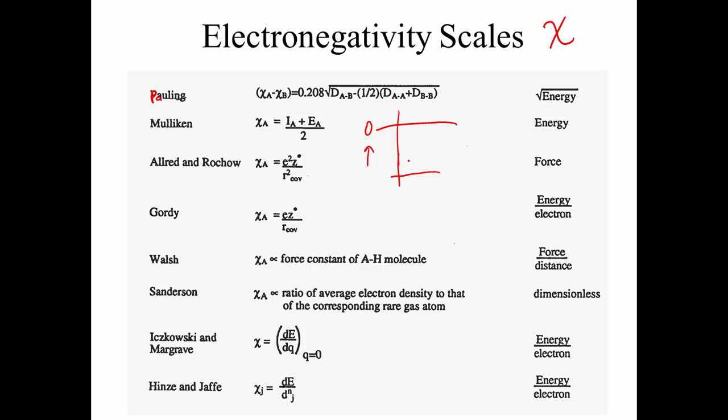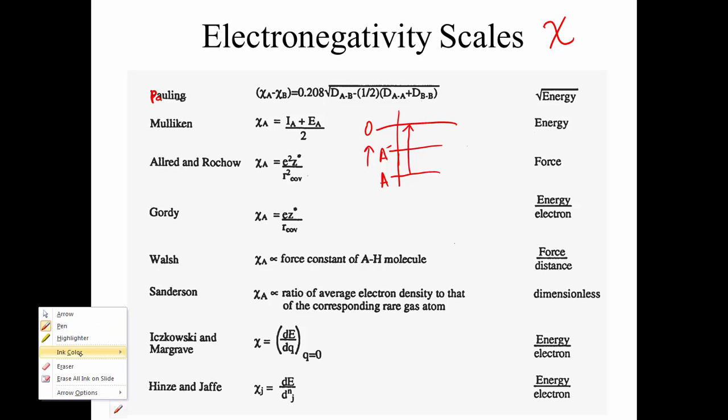And to understand this electronegativity scale, we can remember the energy levels of the electrons in an atom. So here we have the atom, I guess A, right? And then here's the negative anion of the atom. So ionization energy is removing an electron from the pure atom. And then electron affinity is removing the electron from the anion.